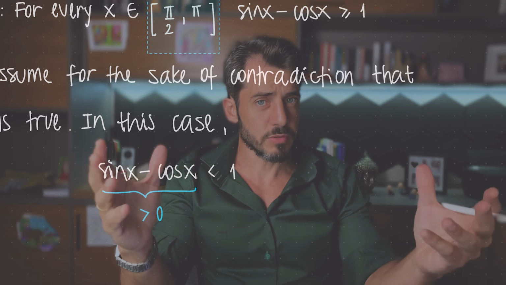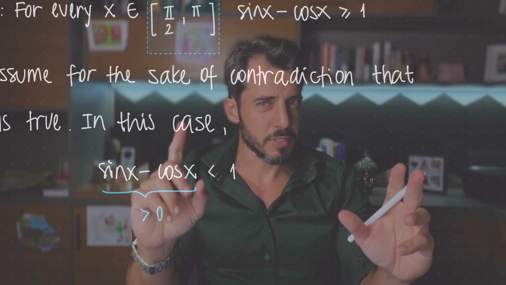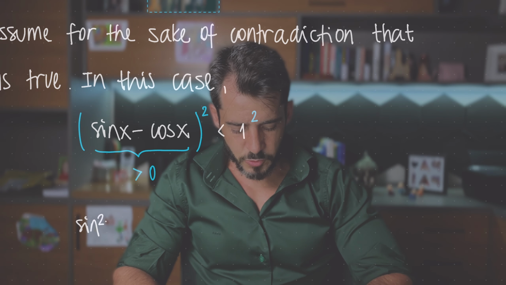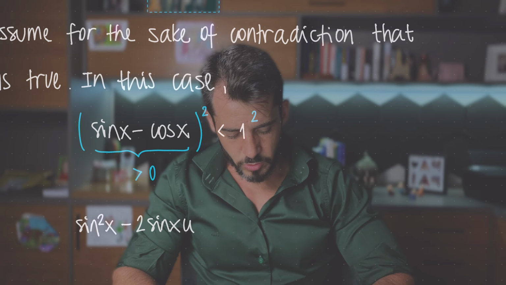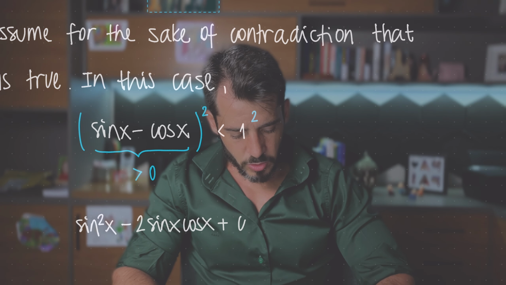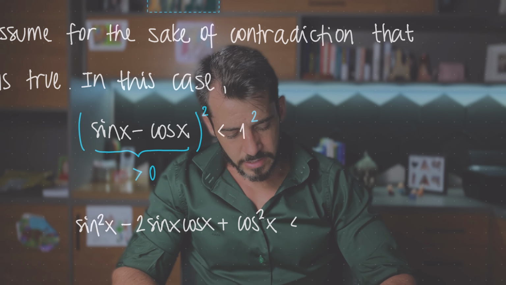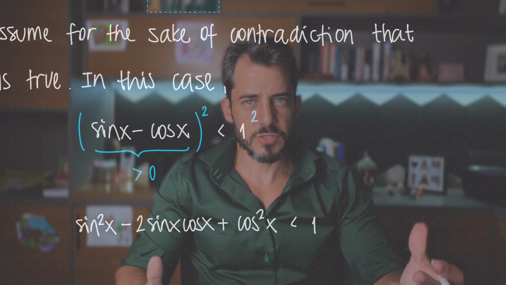So let's square both sides so we can simplify something. What we have is sine squared of x minus 2 times sine of x cosine of x plus cosine squared of x less than 1. 1 squared is just 1.